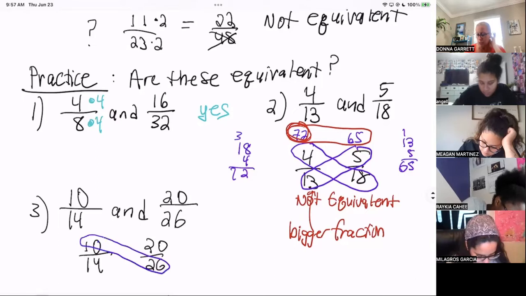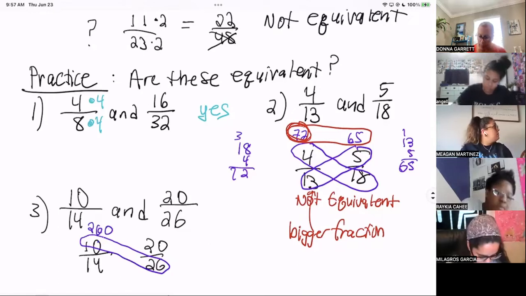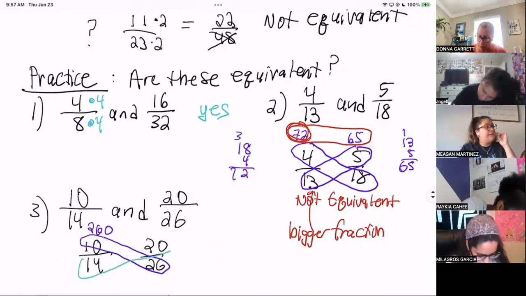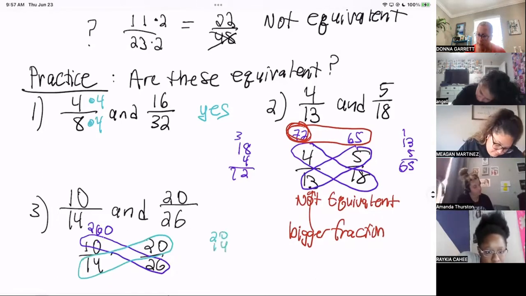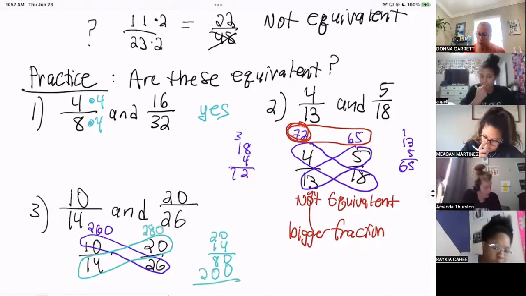Well, 10 times 26 is just 26 times 10, which is 260. I just add a 0. And then I'm going to cross multiply the 20 and the 14, and that number is going to go on top of the 20. So 20 times 14, I get 280. Are they equivalent?